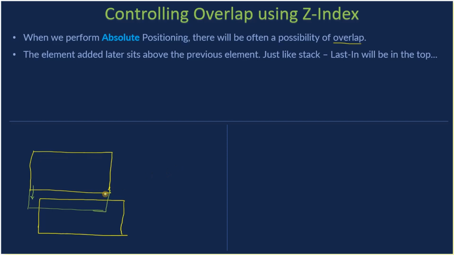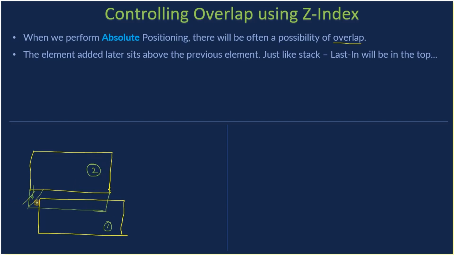So this kind of overlap can be adjusted using the z-index property. Say for example, if this element is added first and this one is added next, the second element will stay on top of the first element.